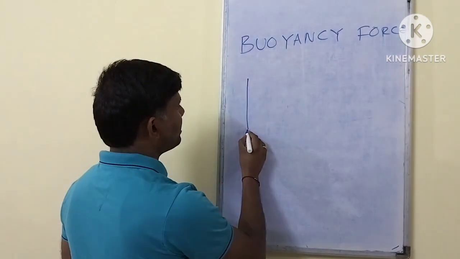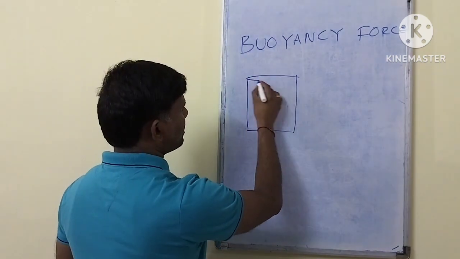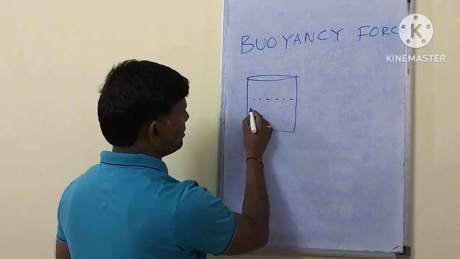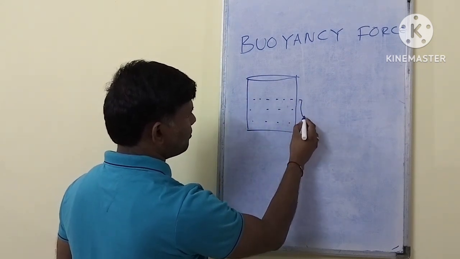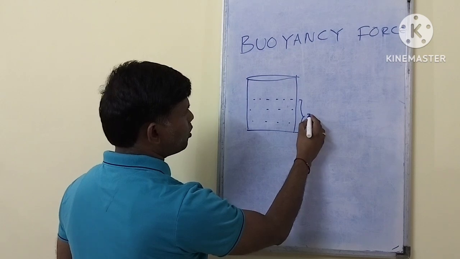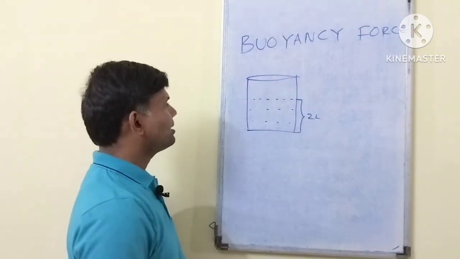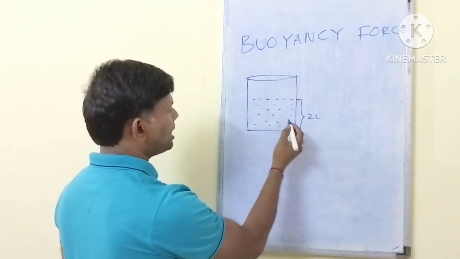I am taking a container. It has markings. Suppose I filled it with water up to here. Suppose from here to here is 2 liters; a 2 liter marking is there. Now I will drop one object inside the liquid.